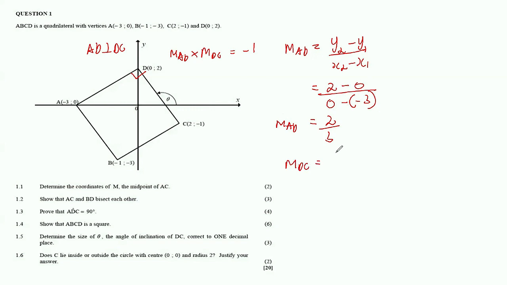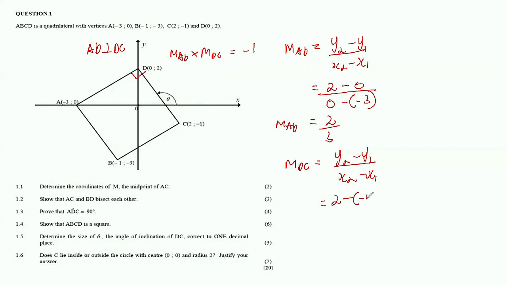So gradient of DC, again, y2 minus y1 over x2 minus x1, right? If we follow the approach again, let's take the y coordinate of D as our y2, and the y coordinate of C as our y1.